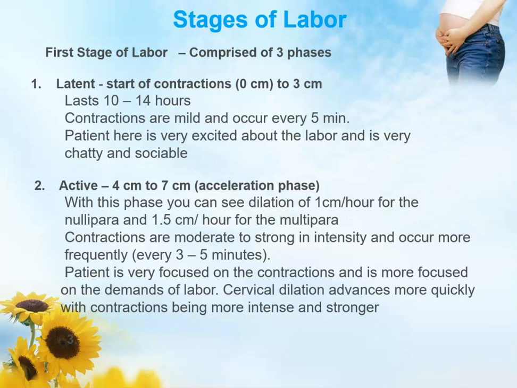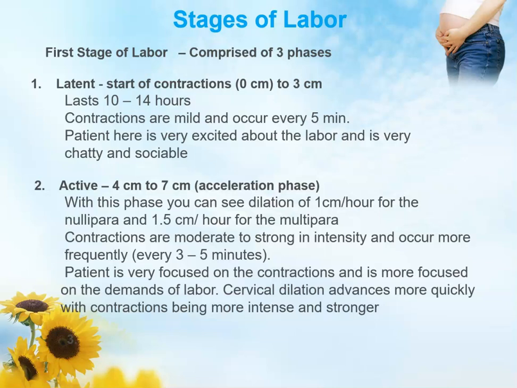With the first stage of labor, this is the latent stage, the start of the contractions. This is where mom goes from 0 centimeters to 3 centimeters. This can last 10 to 14 hours, okay? Know that patients that have had deliveries before, sometimes things are a little bit quicker to happen than if it's their first baby.